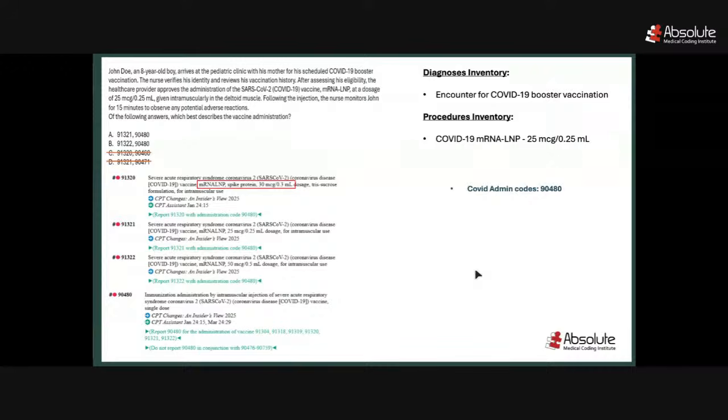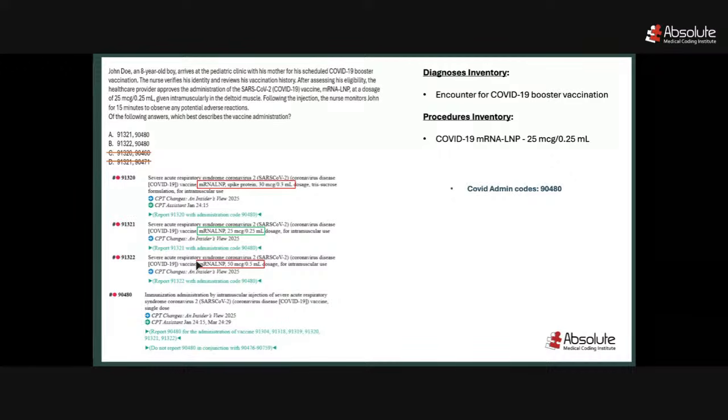All we have to do is to find the correct product code. Okay, and option A is coding for a COVID-19 vaccine mRNA LNP 25 mcg per 0.25 ml dosage for intramuscular, while 91322 is for a COVID-19 vaccine mRNA 50 mcg per 0.5 ml dose intramuscular route.